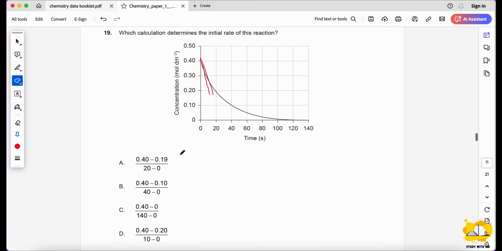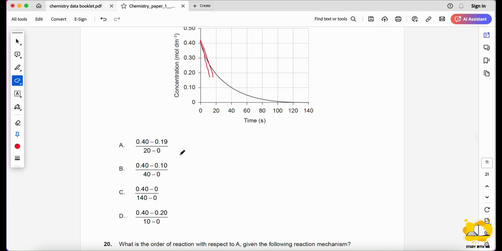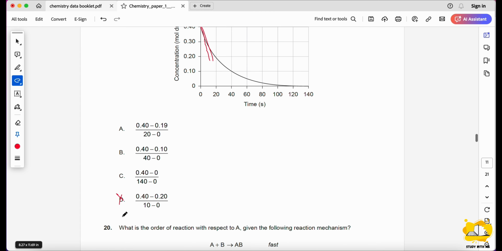The initial rate for this will be 0.40 minus 0.20 divided by 10 minus 0. All right, so you just need to draw the tangent line and you will get D as the answer.